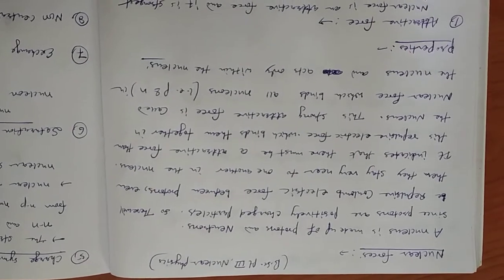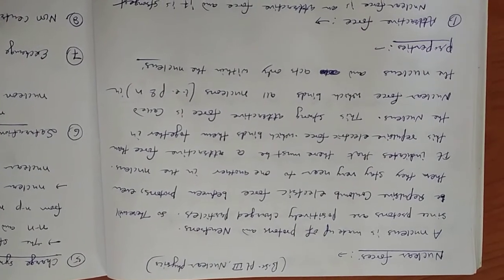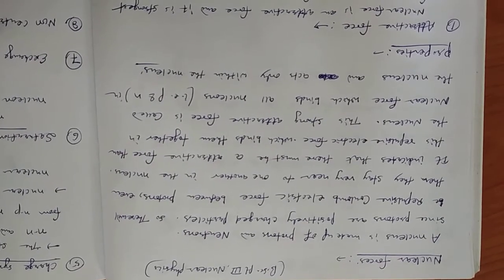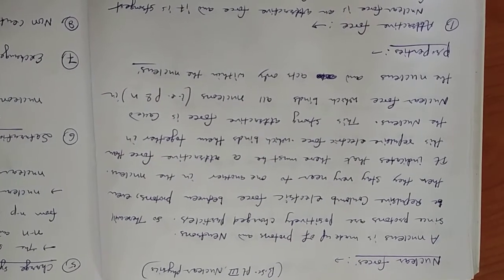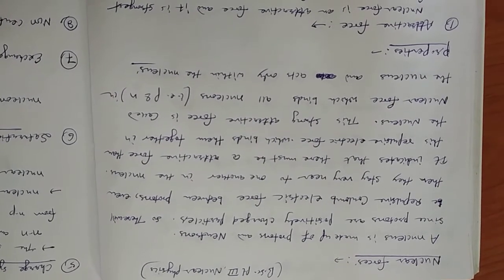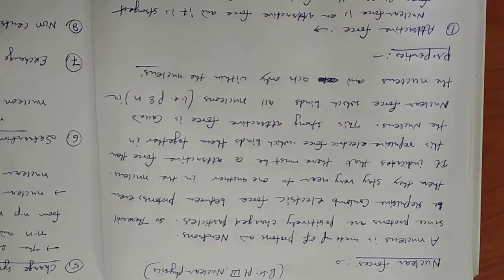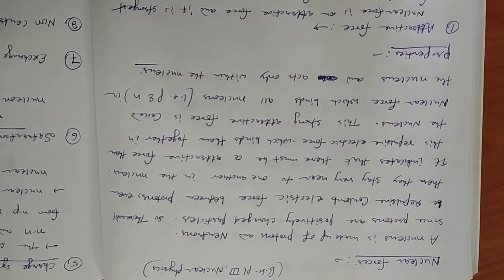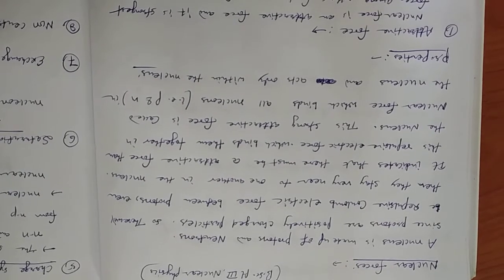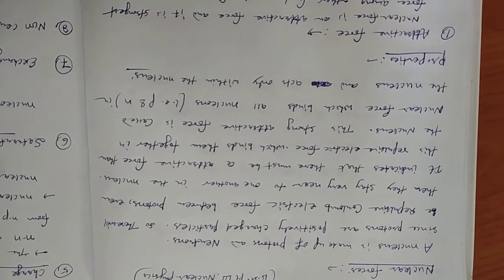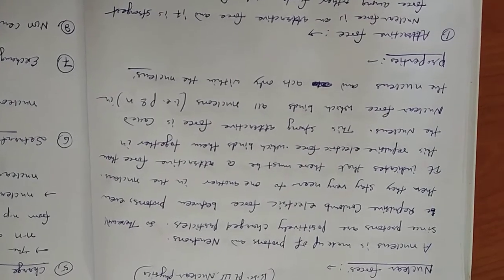Since a proton is a positively charged particle, there will be a repulsive Coulomb force between these protons, even in the case in which they stay very near to each other in the nucleus. It indicates that there must be another force which binds these nucleons strongly.